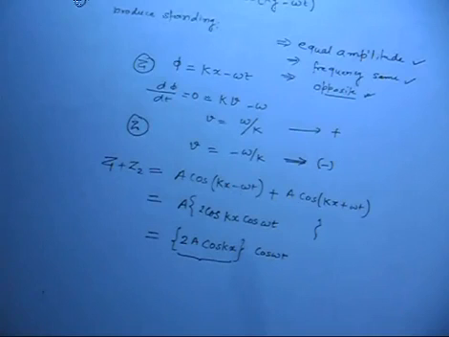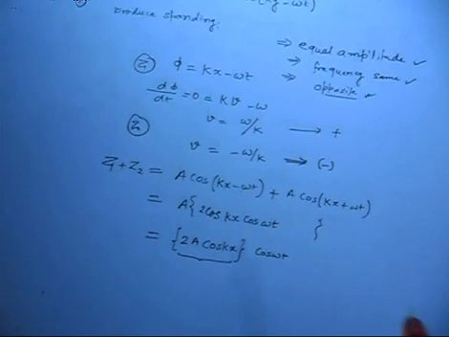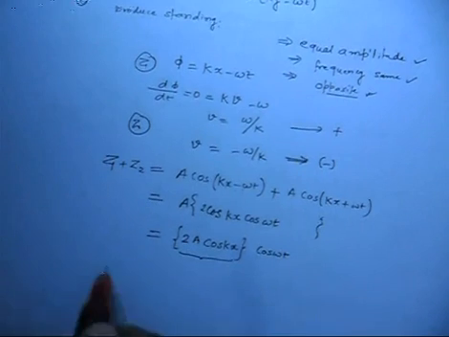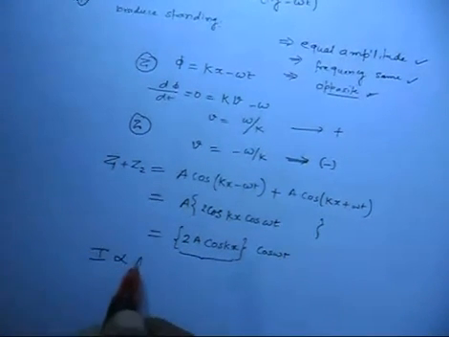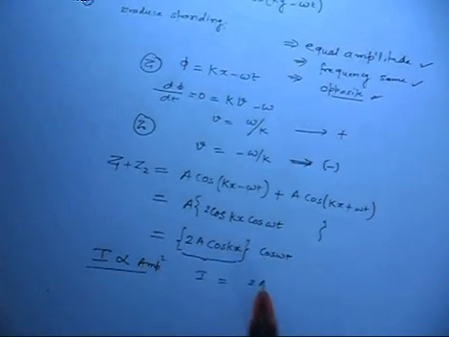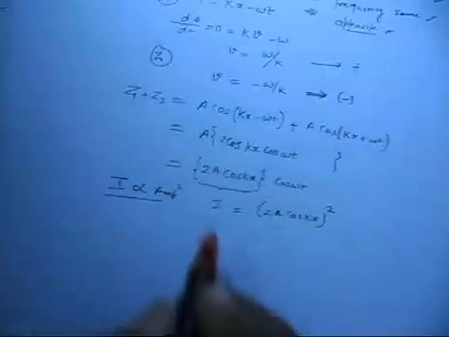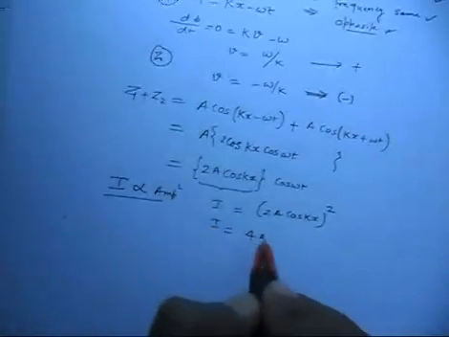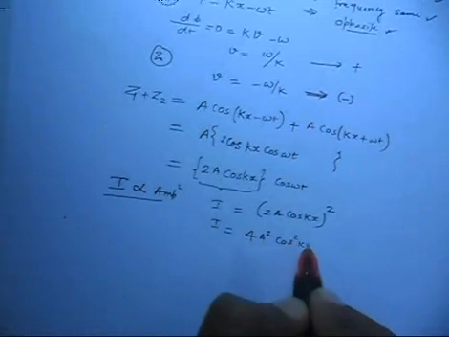The question also asks, find the points where the resultant intensity is always 0. So what are the x coordinates where the resultant intensity is 0? We know intensity is proportional to amplitude squared, so intensity is (2a cos kx) squared, which is 4a squared cos squared kx.